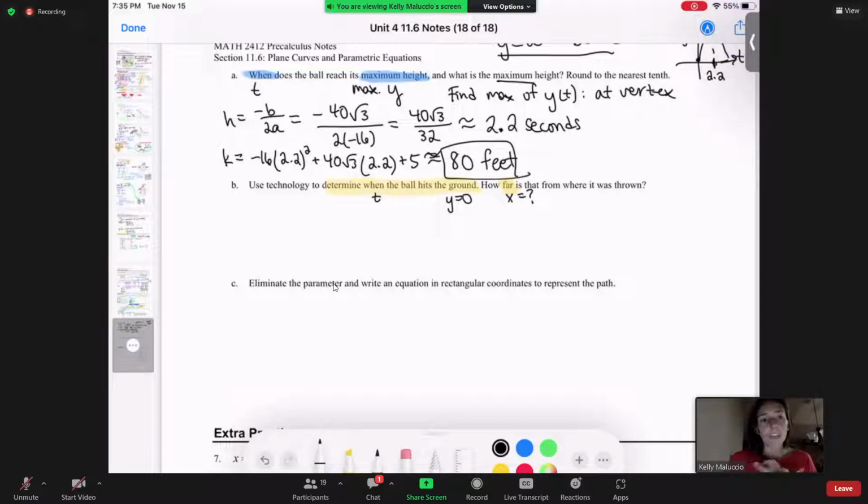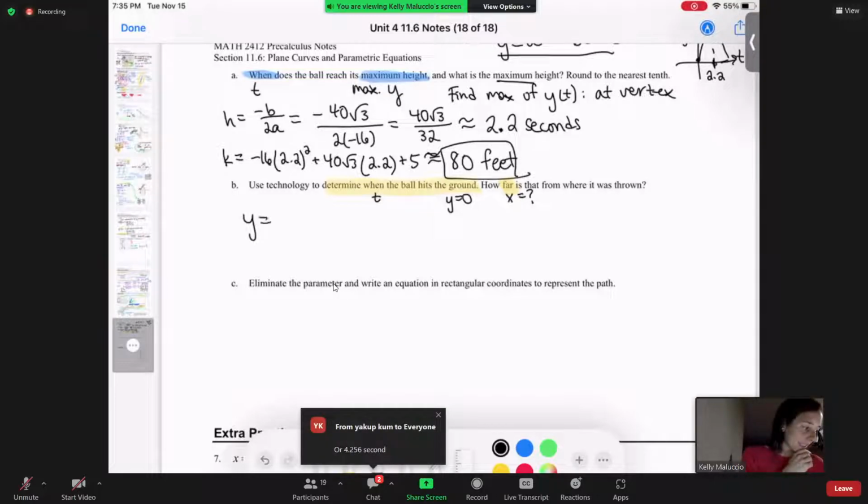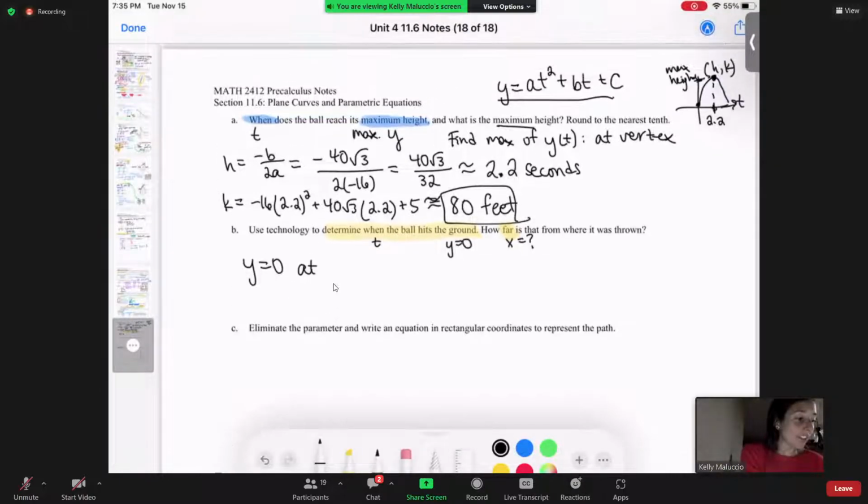Now granted, this makes me think this is not right, but let's see, and maybe you'll find other things in your textbook. You don't use the quadratic. You can, but you can also just say, take the previous part, 2.2 seconds that we found up here, and double it. Okay. So that's what I'm going to do.